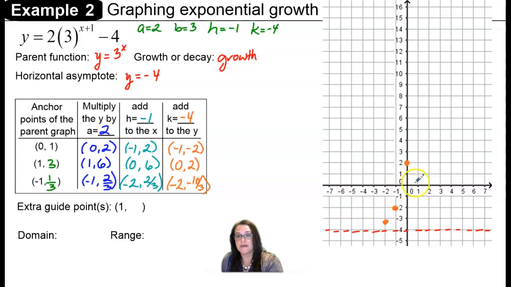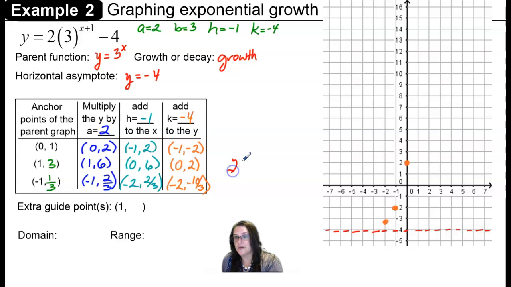So I'm going to pick an extra guide point. I know negative 2, negative 1, 0, so the next choice that makes sense would be a positive 1. So I'm going to evaluate my function by substituting in a 1.